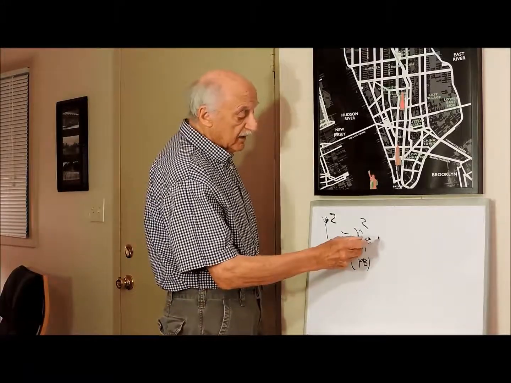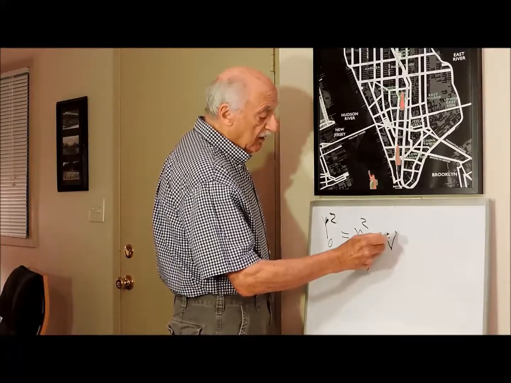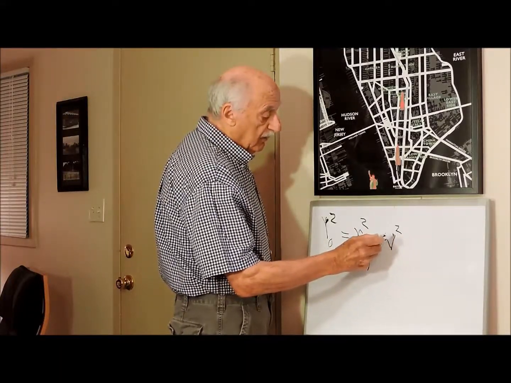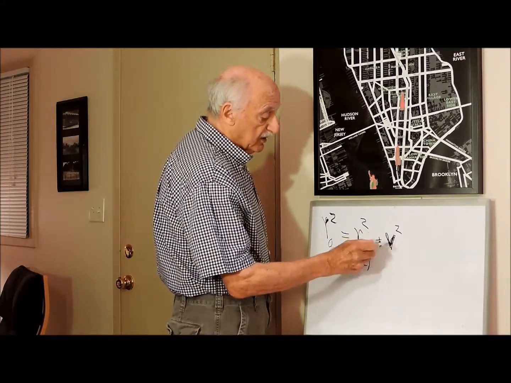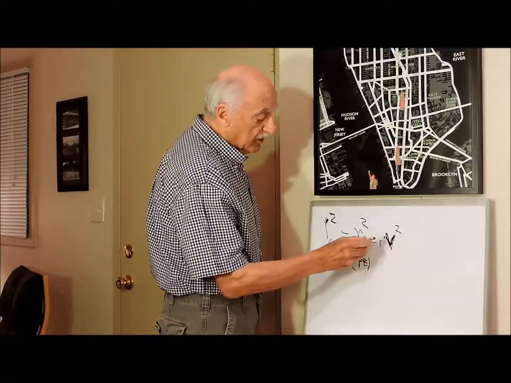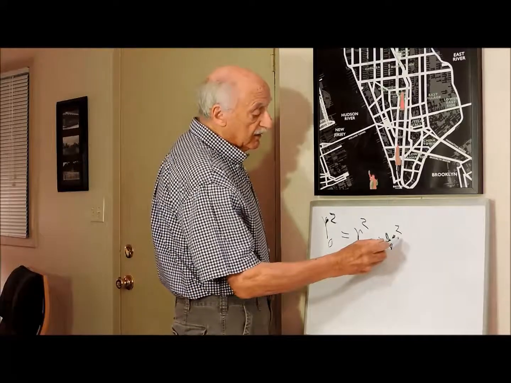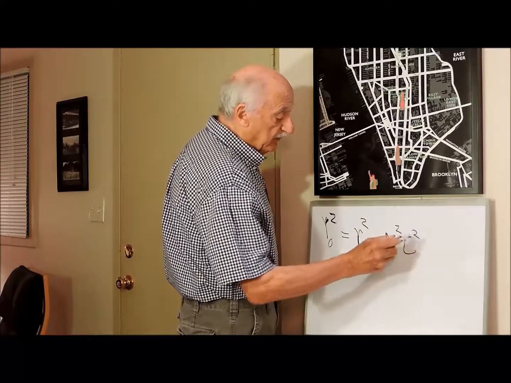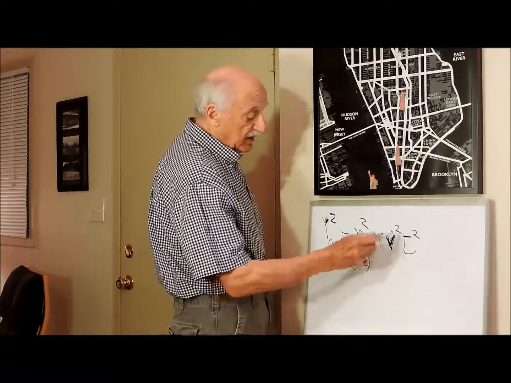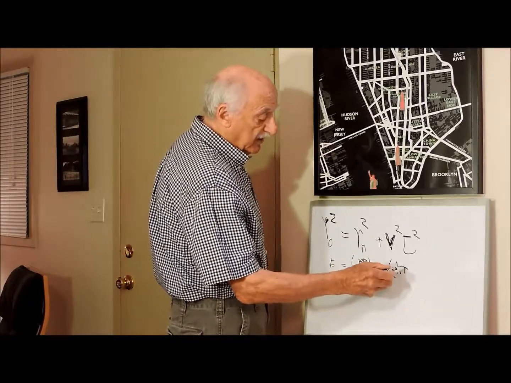And plus the velocity, which is the change in the distance between the two bodies with time at any instant, times the period of the system squared. I called this the x dimension, and that represents the kinetic energy.